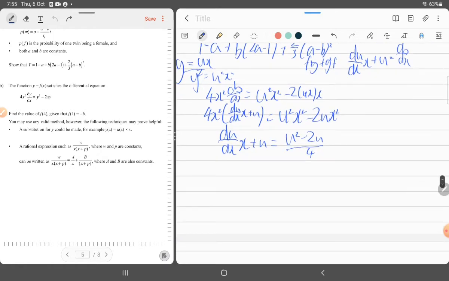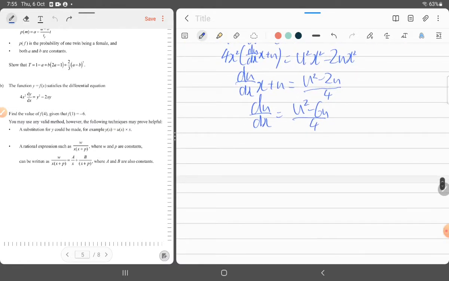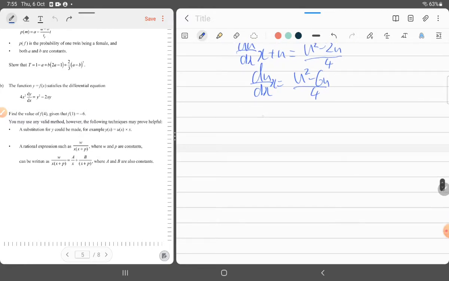We can get du over dx is equal to u squared minus 6u over 4. Then we can use separation of variables, so 4 over u squared take away 6u du is equal to 1 over x dx.